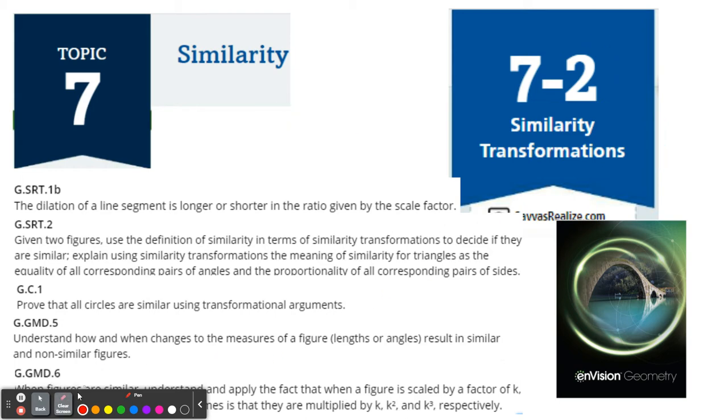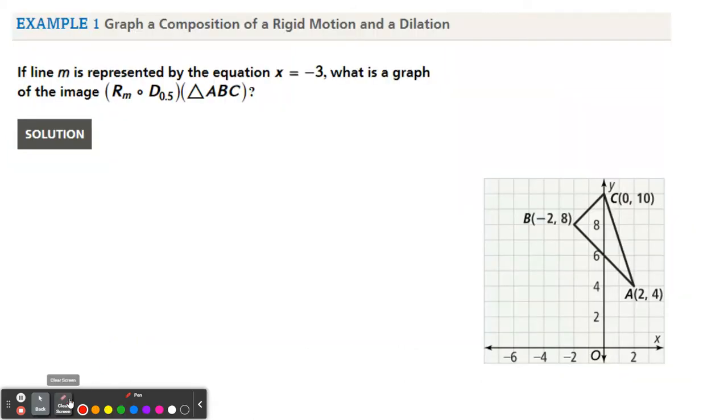Okay. So let's take a look at this first problem here. It says if line M is represented by the equation x equals -3, what is a graph of the image of a reflection over line M composed with a dilation with a scale factor of 1/2 of triangle ABC? So remember that when you do these compositions, you must go right to left.